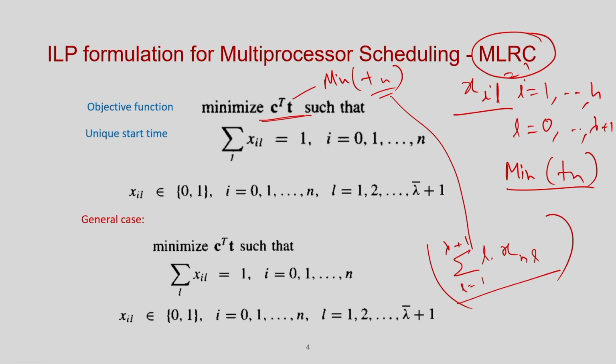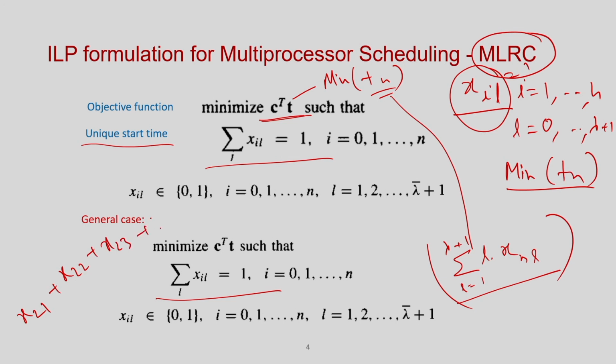And what was the constraint? The first constraint was the unique start time: although there are many variables possible for each node, we have to assume that one operation can start only once in the behavior. For example, for a node v_2, if there are 4 timestamps, then x_21 plus x_22 plus x_23 plus x_24 must be 1.